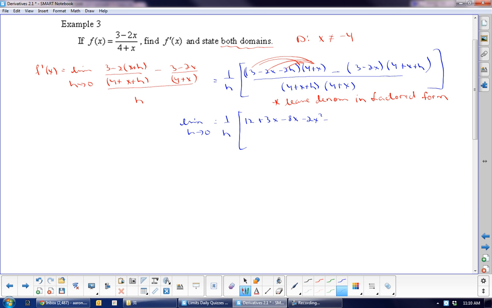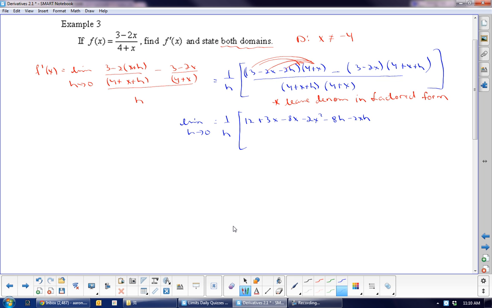Now I got minus 8h minus 2xh. There's half of it done. Okay, now this minus sign here belongs to the whole bracket, so it's going to be negative 3 times all of these, and it's going to be positive 2x times all of these, okay? So you got to keep that straight.